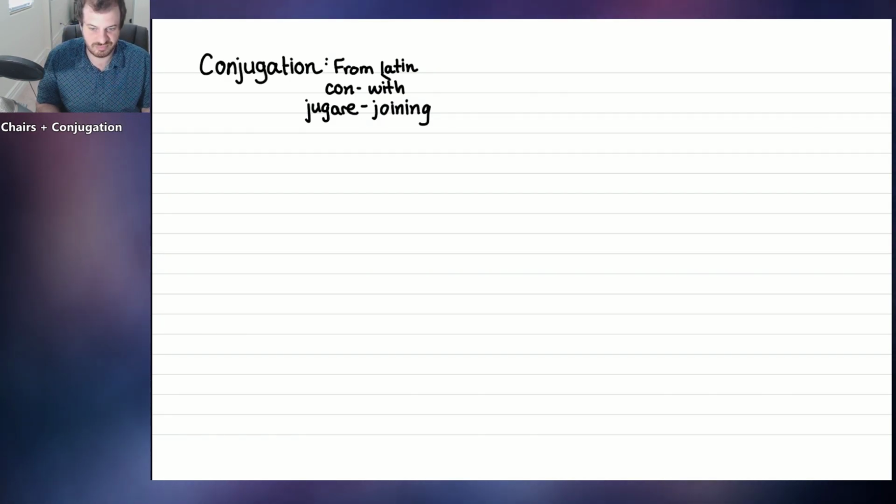So the overall meaning of conjugation means to join together. And so for our conversation about conjugation, we'll need to recall our bonding of ethylene.